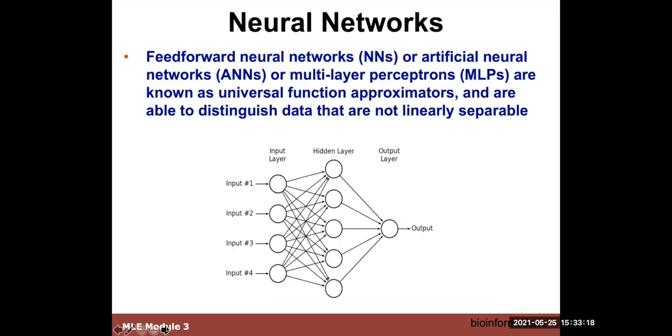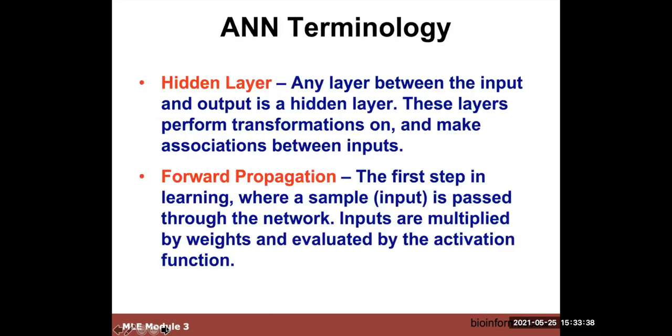They are called feed-forward networks because the input moves in one direction towards an output. Back propagation is this idea that you send signals back to modify the weightings and the strengths. But there is a directionality to neural networks. The concept of a hidden layer is that layer between the input and the output.